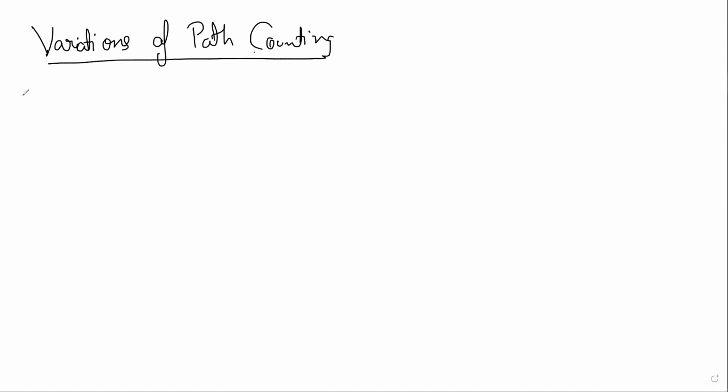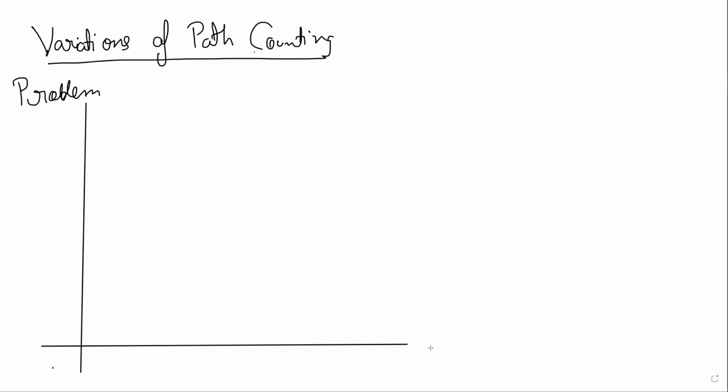Let us start with the problem right away, and then we can see how it connects with things we have done earlier and so on. So the problem is as follows. Let me just do it through the diagrams. You have a grid, and you have some points on the grid.